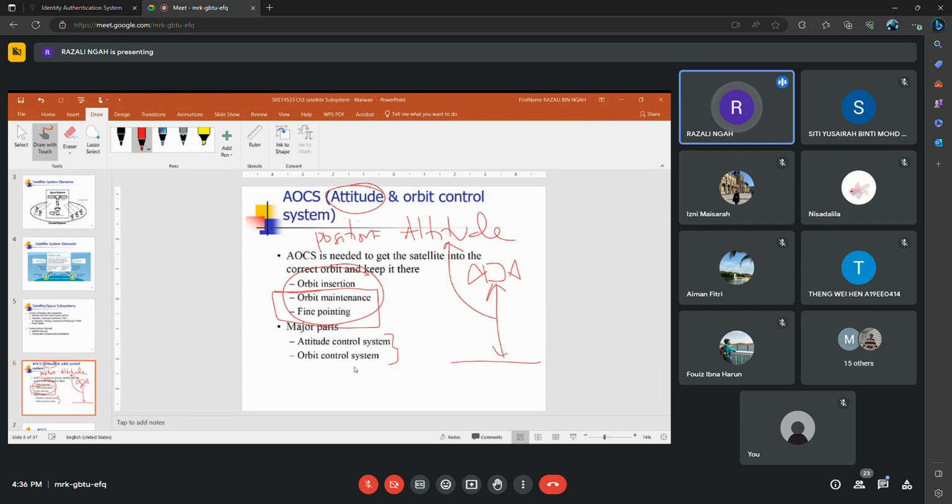The orbit control system makes sure that the satellite is in the correct orbit in terms of height and in terms of the orbit plane.